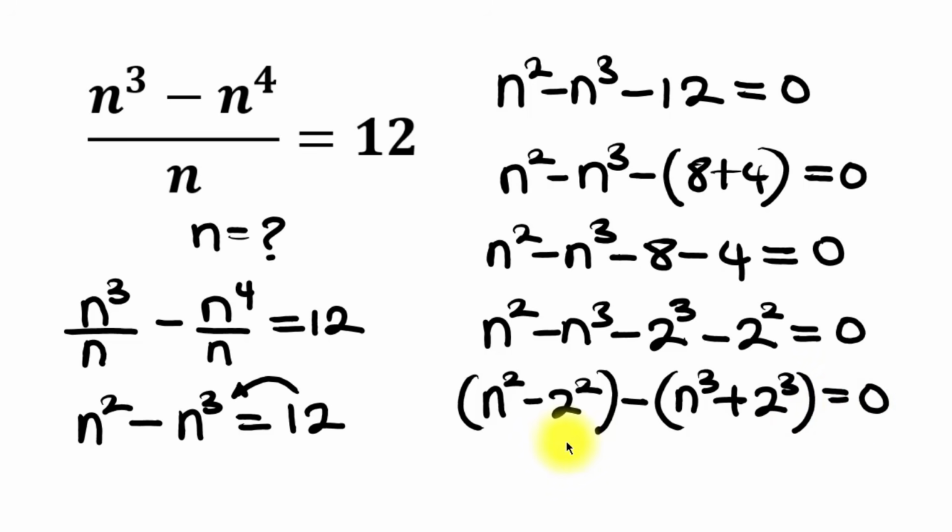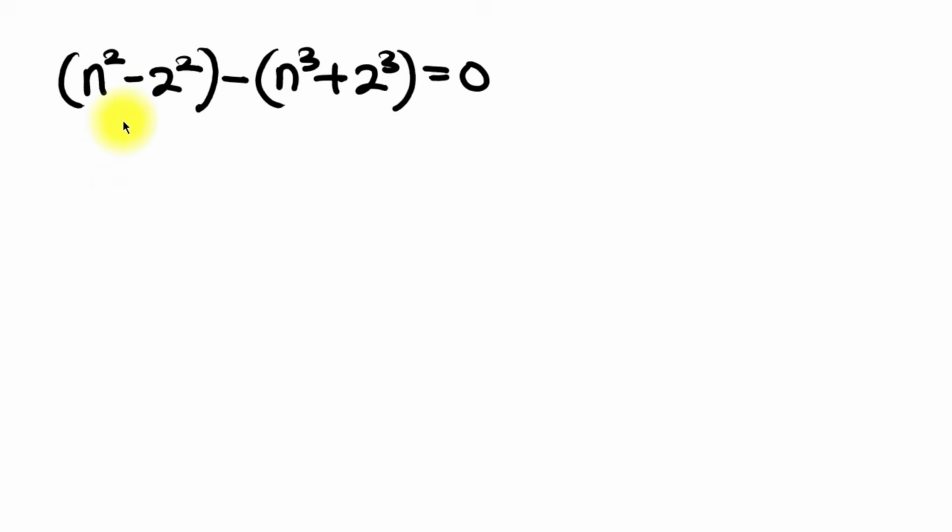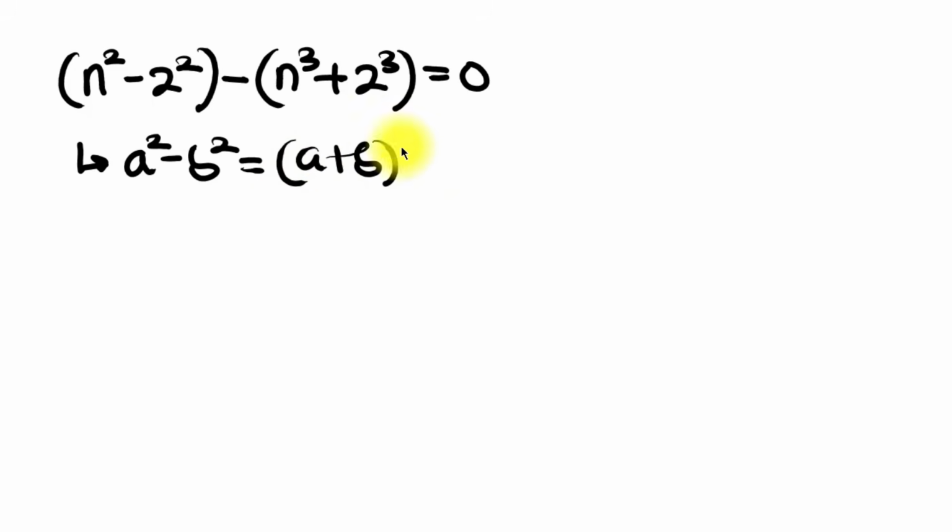Good. So we have two familiar expressions. We have the difference of two squares and we have the sum of two cubes. Let's solve this. Now let's write down their identities. For the difference of two squares, the identity is a squared minus b squared equals a plus b times a minus b.